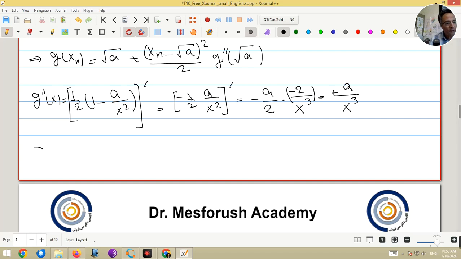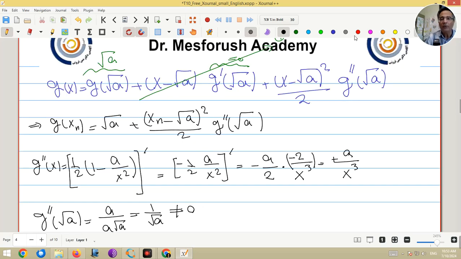So if you compute g double prime at the square root of a, it will be a over a times the square root of a, and it is 1 over the square root of a, and this is not equal to 0.